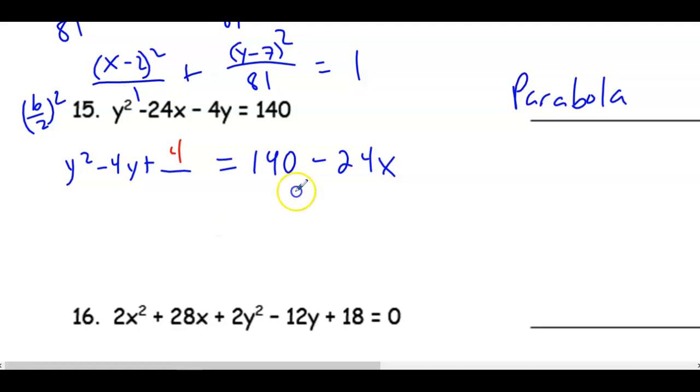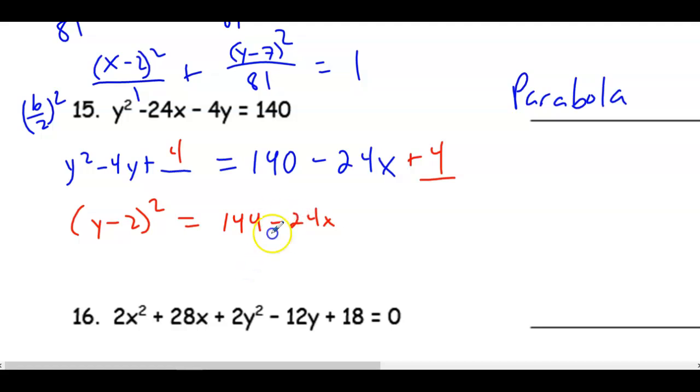And over here, 144 minus 24x. So now, just to put this in standard form, we're going to factor out the greatest common factor over here. So I'm going to take out 24.